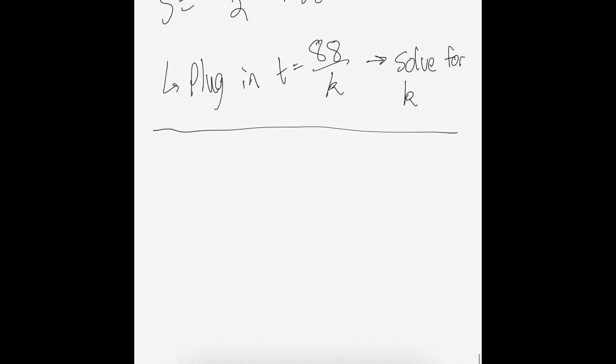At that point, you'll have 242 equals something with only k's in it, and then you can just solve it. All right. So I will leave you to put the finishing touches on that one.